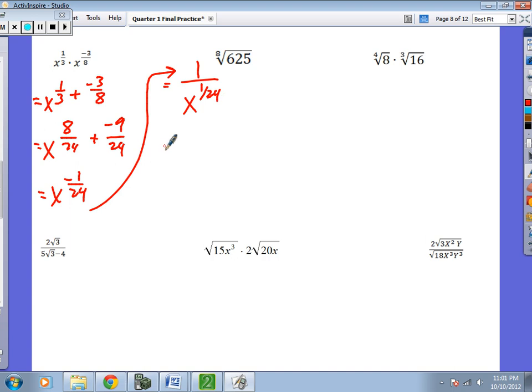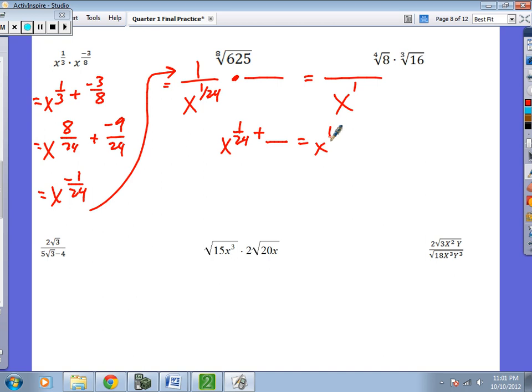So you are going to multiply this by 1. And at the end of the day, I want to end up with x to the 1 whole power. So right now I got x to the 1/24th. I know I'm going to do x to the 1/24th plus something equals x to the 1.